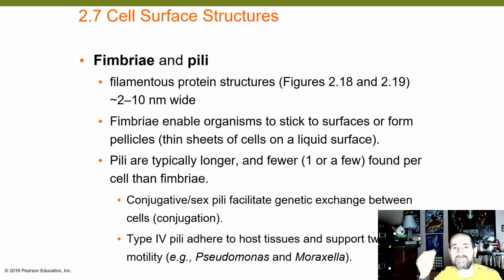And those bacterium can exchange, or it's a one-way exchange, I should say, of genetic information. So there's the sex pilus during conjugation, and another form of pili is for twitching motility and for adherence to host tissues. This is the type 4 pili.